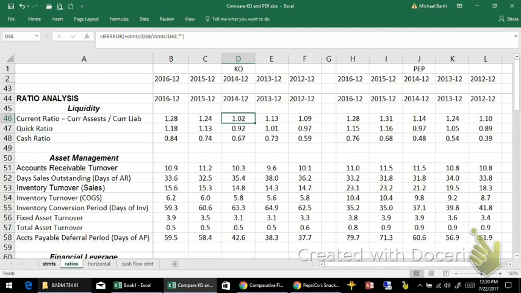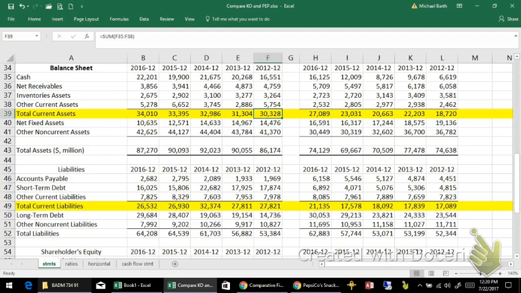And what we can see over here is that between 2012 and 2016, I had that backwards. You have a $4 billion increase in the numerator, the top number, and a $1 billion decrease in the bottom number, the denominator.